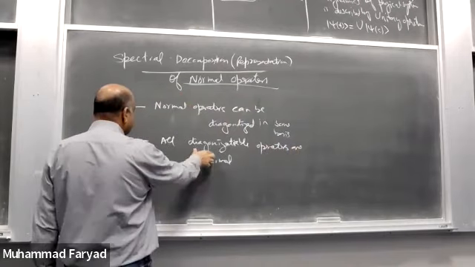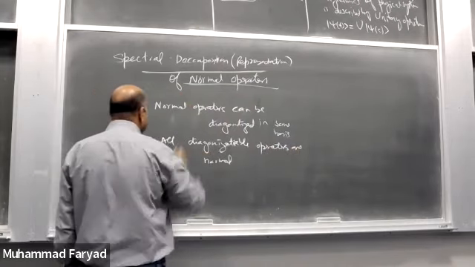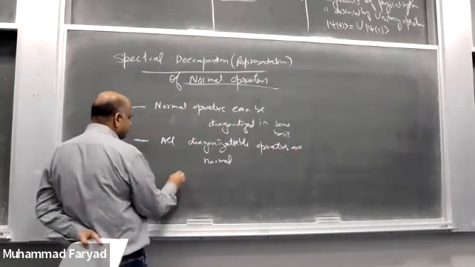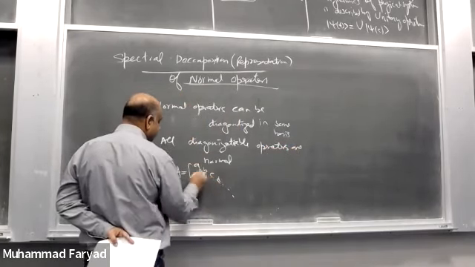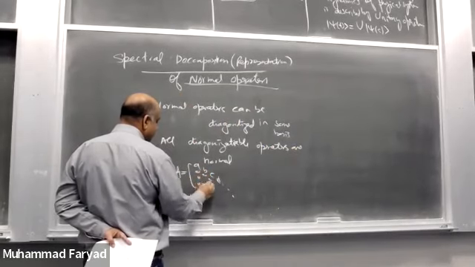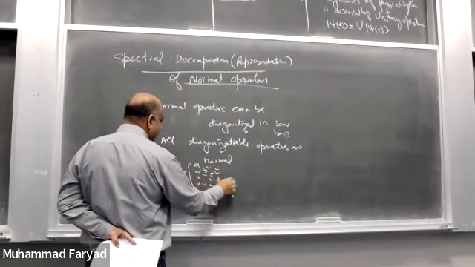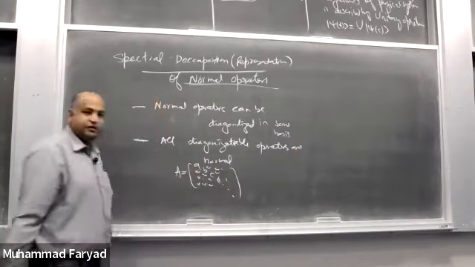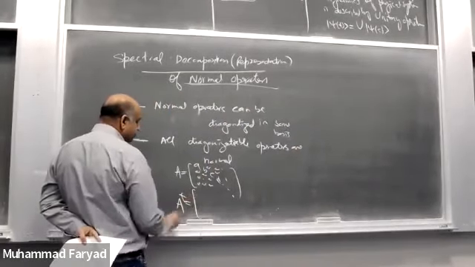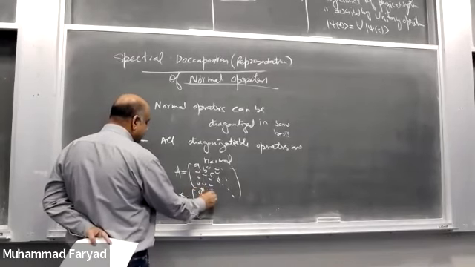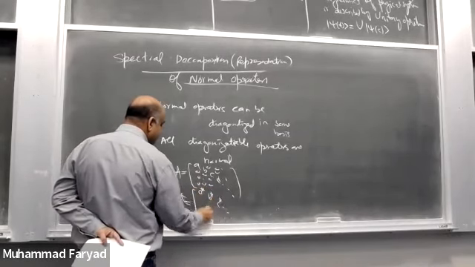So I'm just going to prove the simple part. This proof you can check there. So this is easy. If your operator is like this, right? So only elements are on diagonal. Then its conjugate transpose is going to be like this: A star, B star, C star, right?